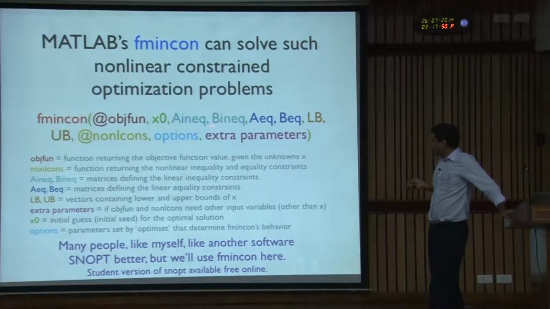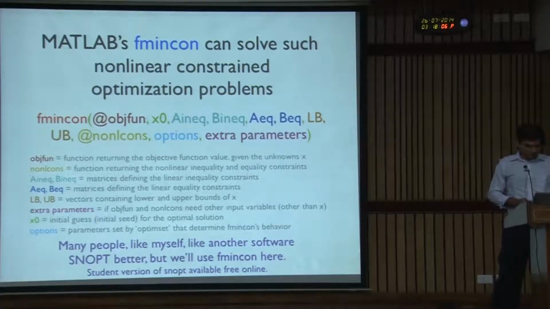A and b are the matrices in the linear inequality constraints, and Aeq and beq are the matrices in the linear equality constraints. This is a lower bound, this is the upper bound of all the x's, and then a whole bunch of nonlinear constraints, and then some other stuff. These slides are also available to you, so you can take a look at them later.